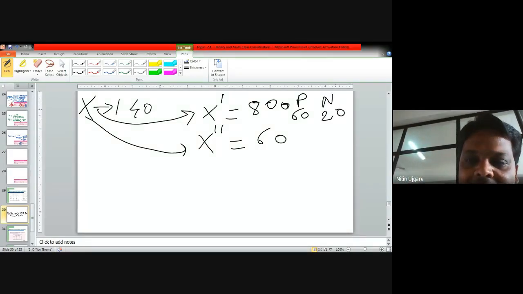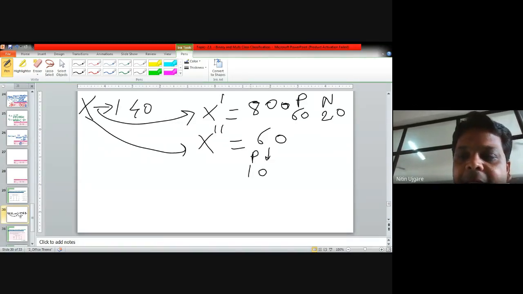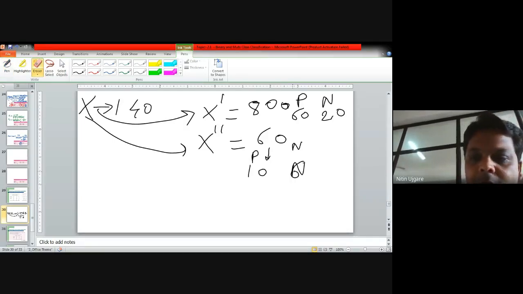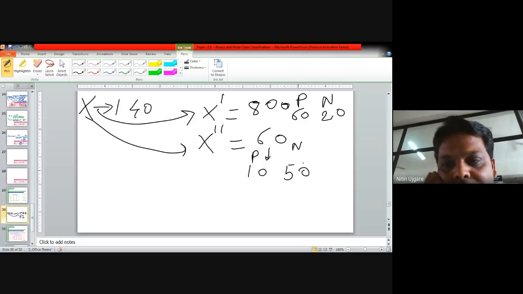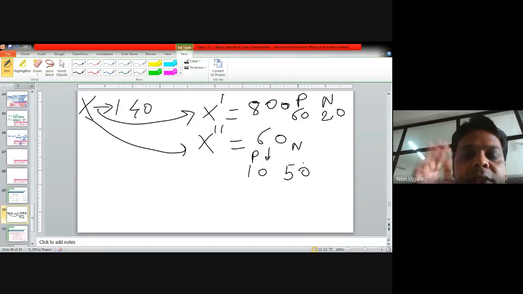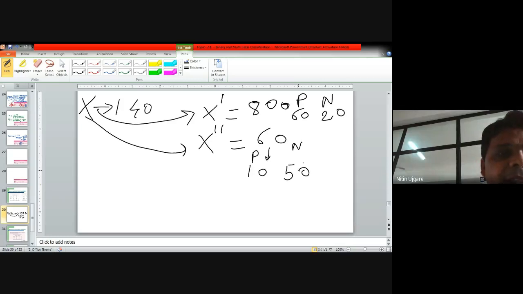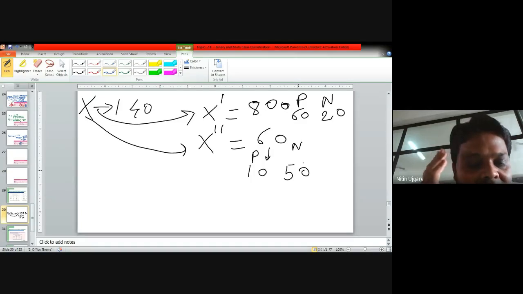In the second subset, I found that the total number of positive class instances is 10, and the total number of negative class instances is 50. So I got the proportion in both sets. Now the majority class classification approach says that in a given set, if the instances belong to some class in majority, then all the instances of that set will be classified to the majority class.